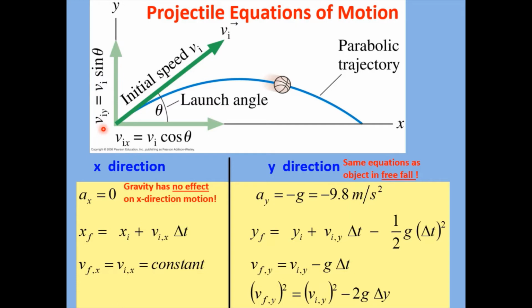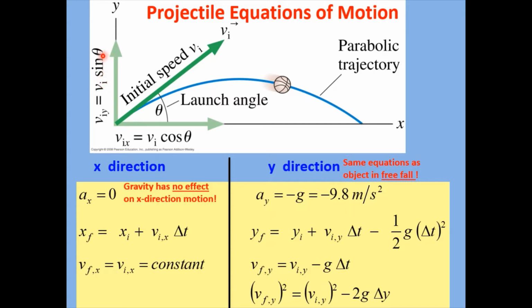We can do the same thing to find the vertical component of the initial launch velocity. So v sub I y is equal to v sub I, again the initial speed of the launch, times the sine of the launch angle theta.